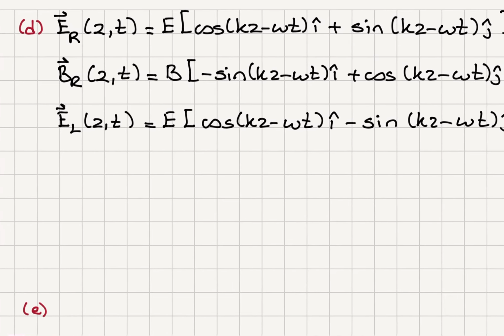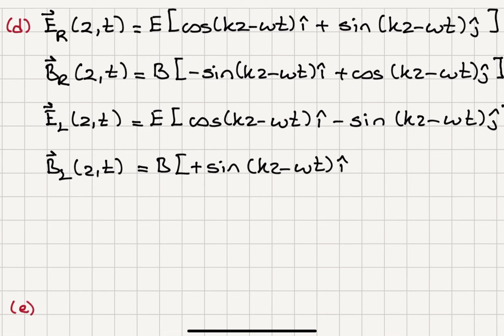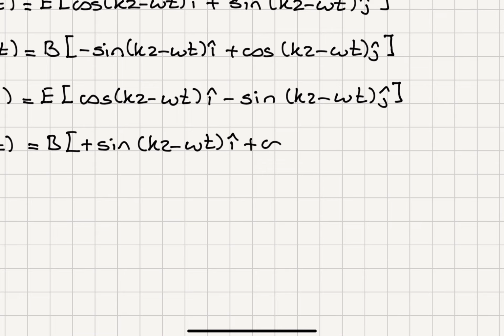And for the left circularly polarized wave magnetic field component, I will have B. Instead of the minus sign here, I will have a plus sign, plus sine kz minus omega t i hat plus cosine kz minus omega t j hat.